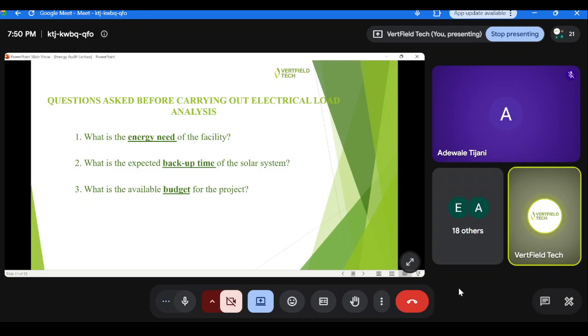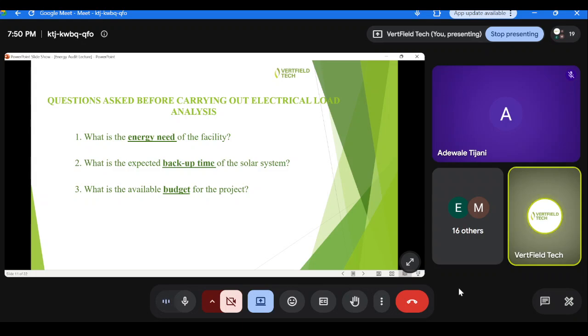So let's say the client has invited you for a solar system installation, or the client has called you over the phone for an installation. The very first thing you are to ask the client is, what is the energy need of the facility? Now, if the client is a new person, just like myself in this field, he can tell you honestly that he doesn't understand what you are talking about.